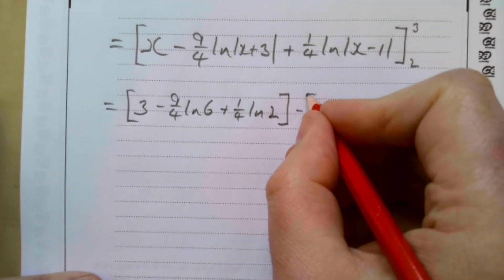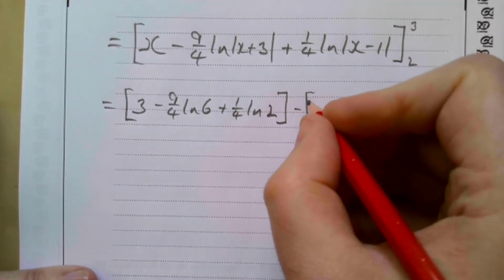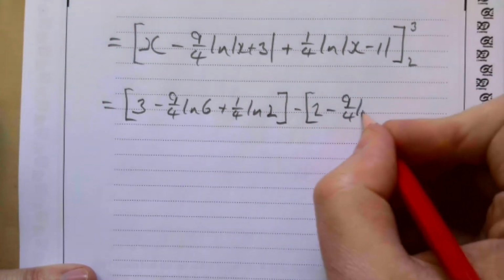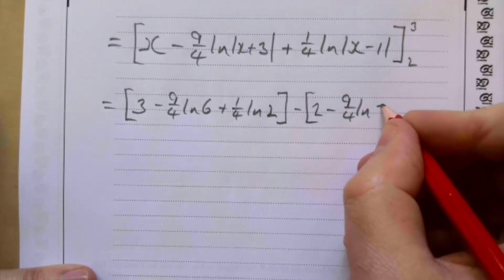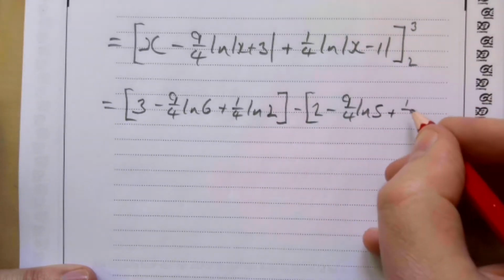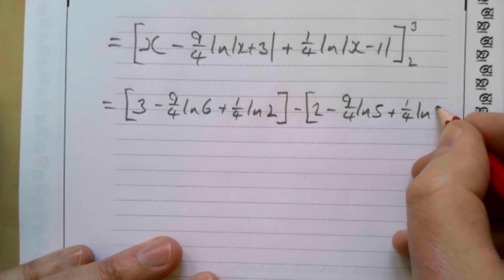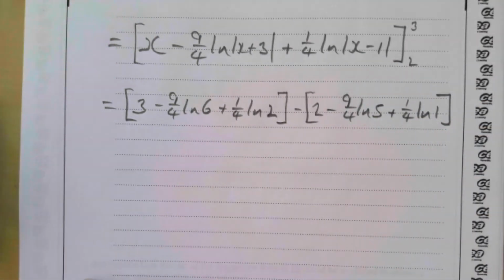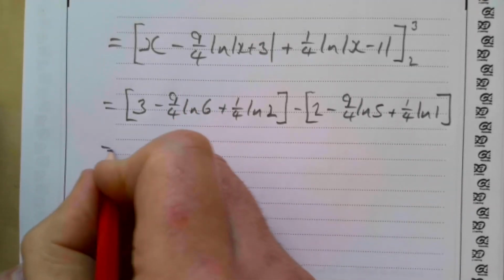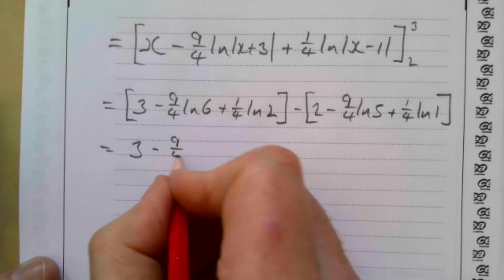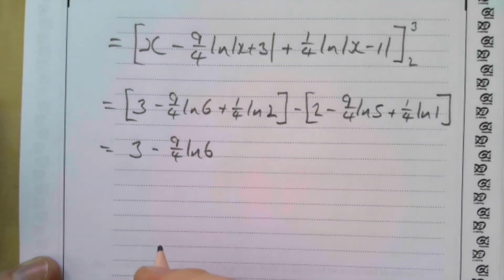Take away, substituting in the number 2, take away 9 over 4 ln 5 plus a quarter ln 1. That gives me then 3, take away 9 over 4 ln 6.